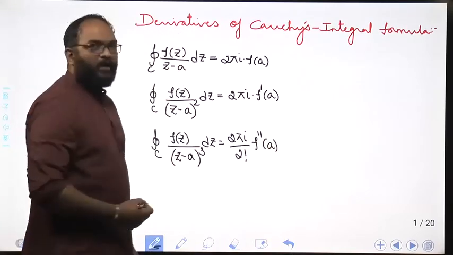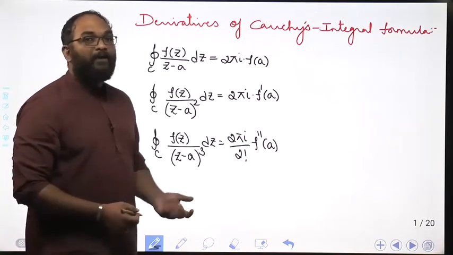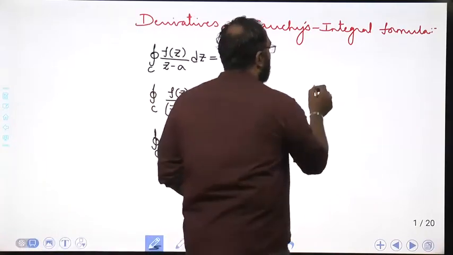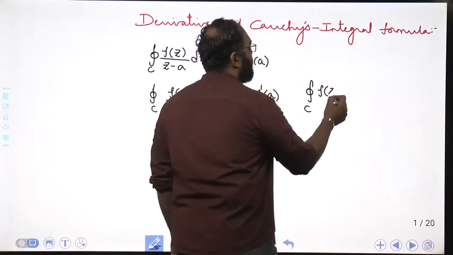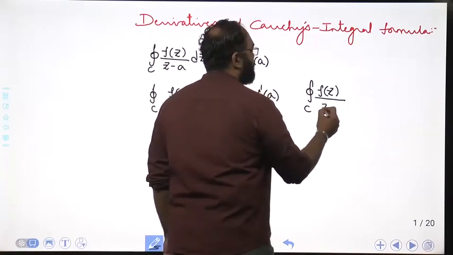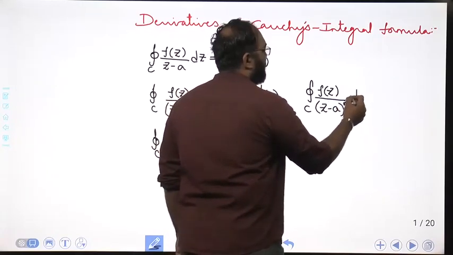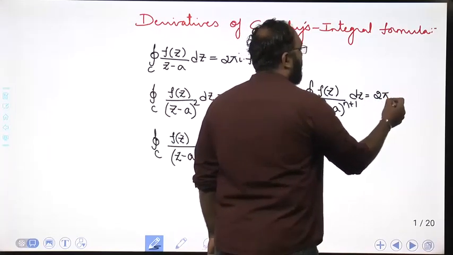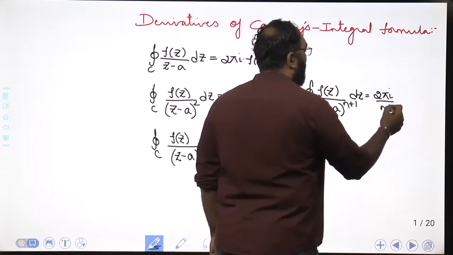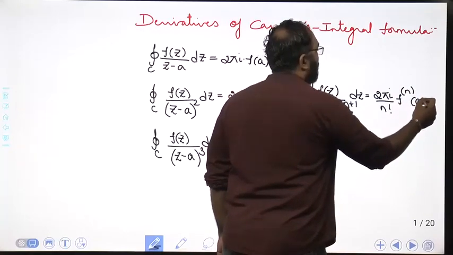So in general, if the point is repeated n plus 1 times, then the integral over C of f of z by z minus a to the power n plus 1 dz is given by 2 pi i by n factorial into the nth derivative of f at a.